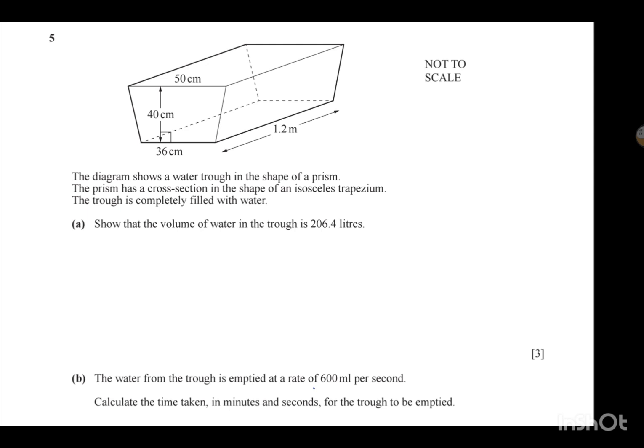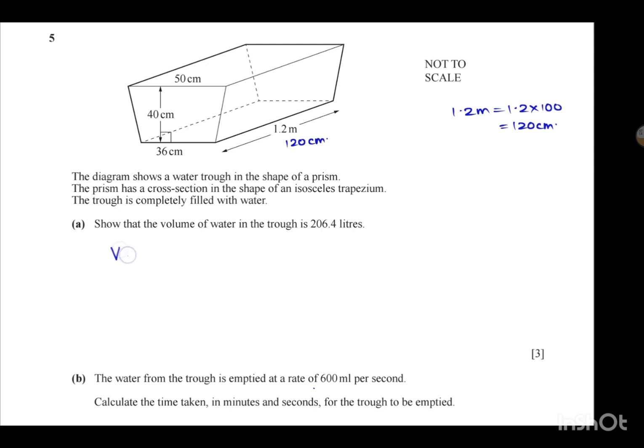The volume of this trough will be the area of the trapezium multiplied by the total length of the trough, this one. Now this is given in meters, so convert it into centimeters. 1.2 meters is 1.2 multiplied by 100, which is 120 centimeters. So this is 120 centimeters.